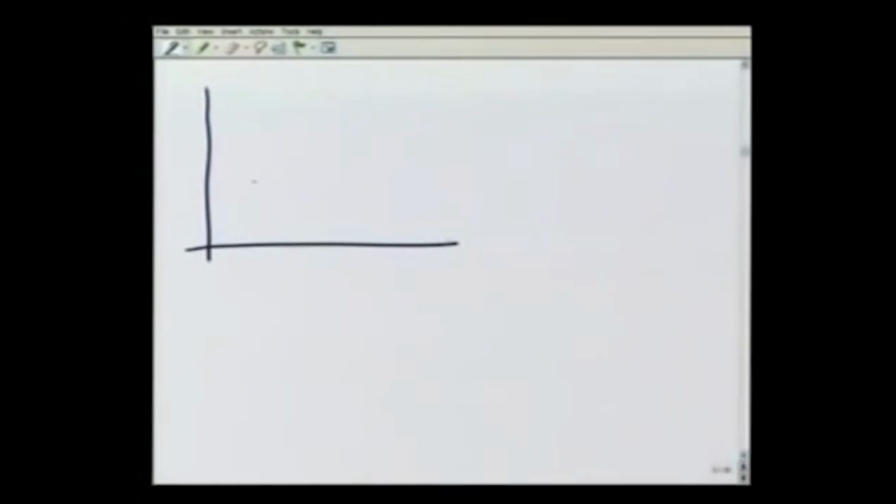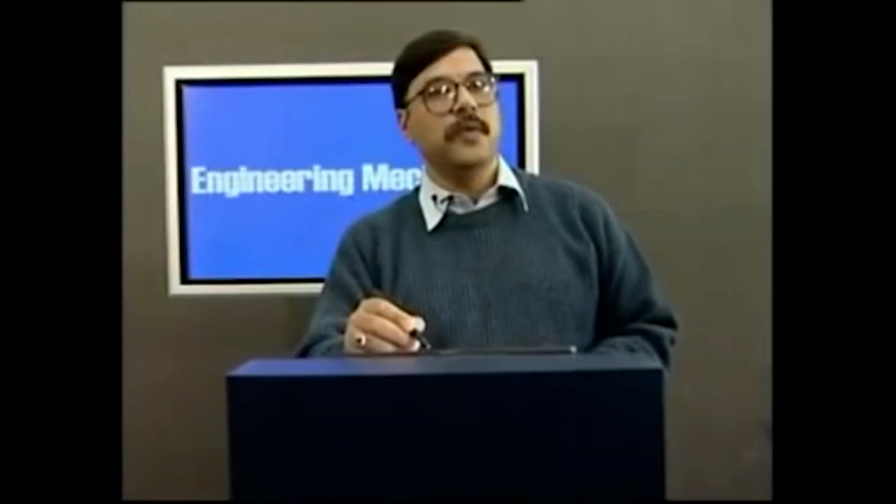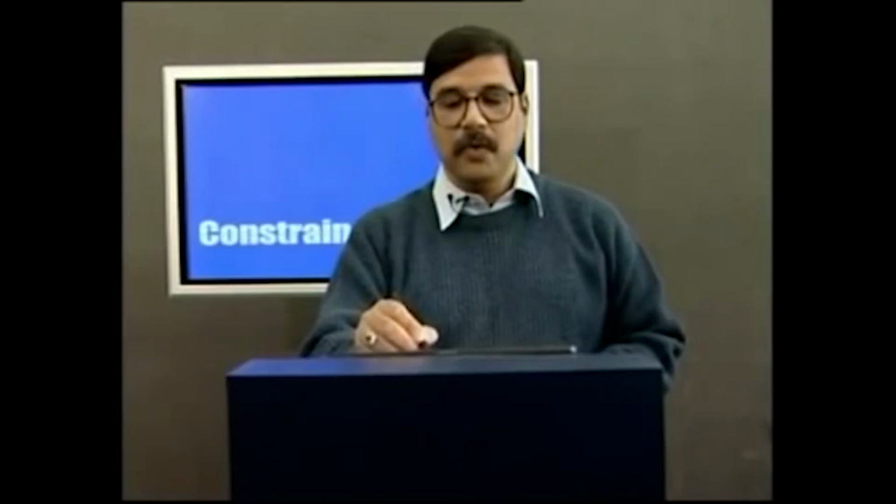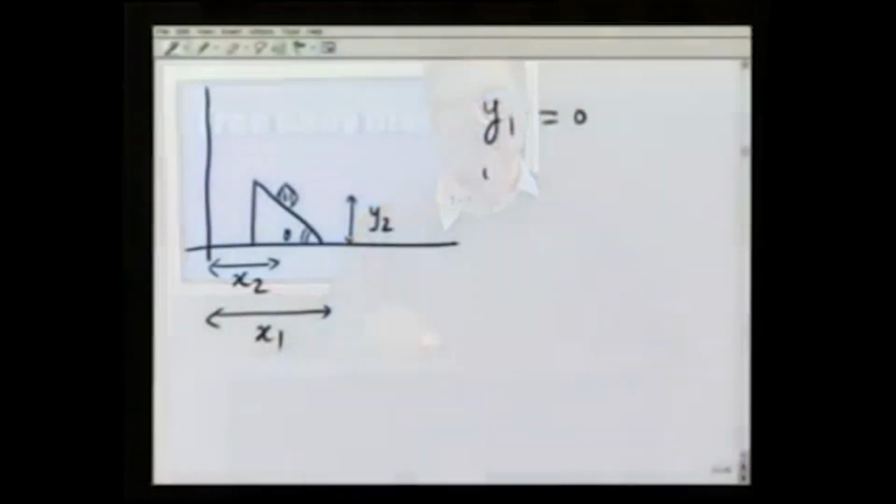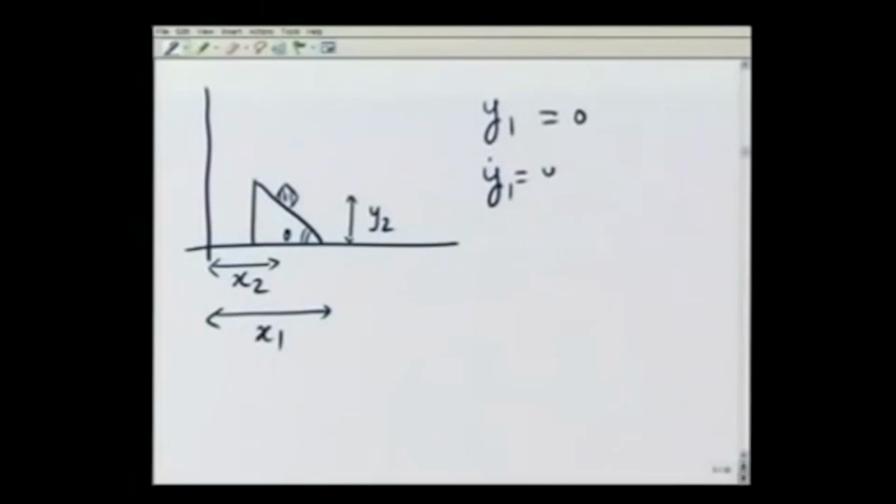given by, let's draw this again and we will see. This is theta, this is the block, this is y2, this is x2, this is x1. Number 1, the wedge moves only in the horizontal plane, and therefore y1 is always 0, and therefore y1 double dot is equal to 0. That's my equation number 5.